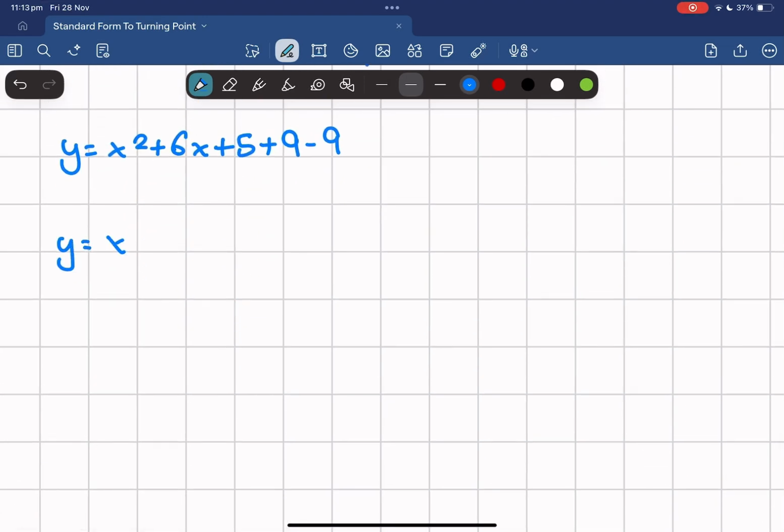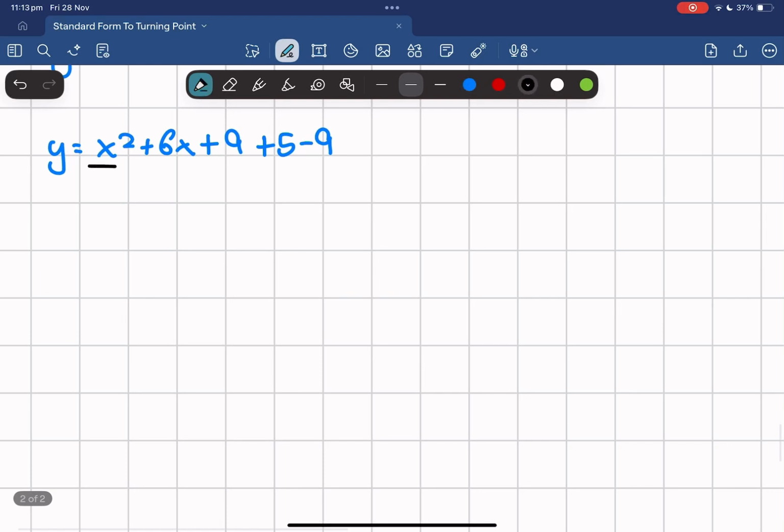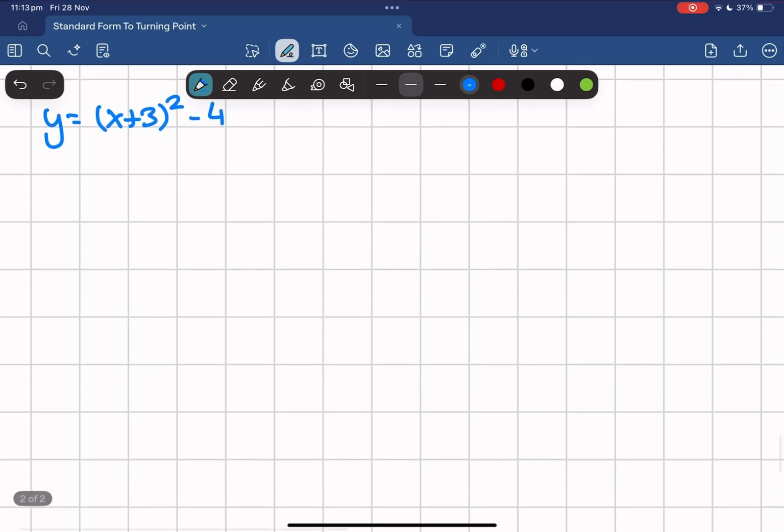Now I'm going to rearrange. Again, you don't have to do this once you get better at it, but just to make it visually easier for now. Now I know that x squared plus 6x plus 9 is going to simplify to (x plus 3) all squared, and then 5 minus 9 is equal to minus 4. So now we've got it in turning point form.